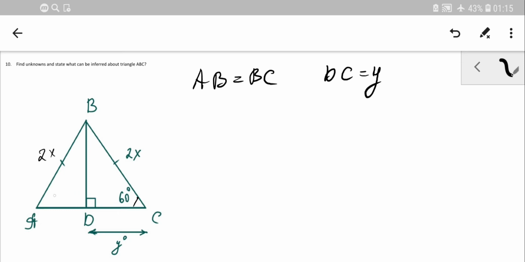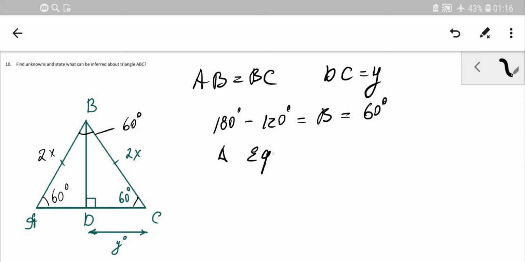If the triangle is isosceles, this angle is also 60 at the two angles at the base. So the top angle is also 60 because 180 minus 120 gives angle B, which is 60 degrees. So it looks like the triangle is equilateral, all sides the same. That's why AC should be equal to 2x.